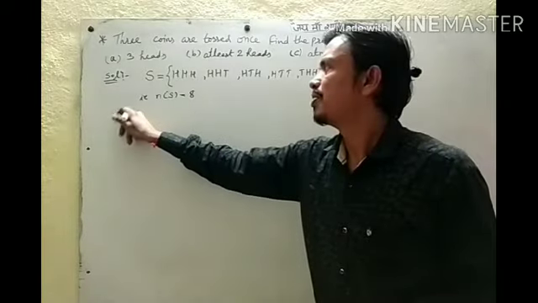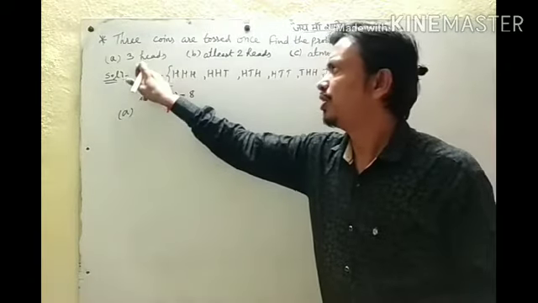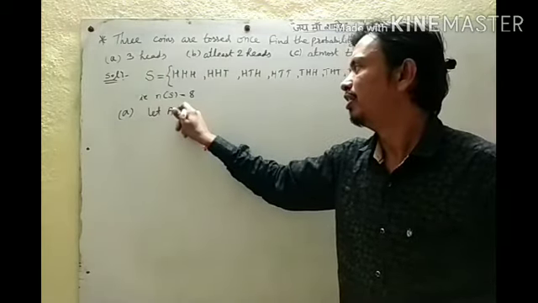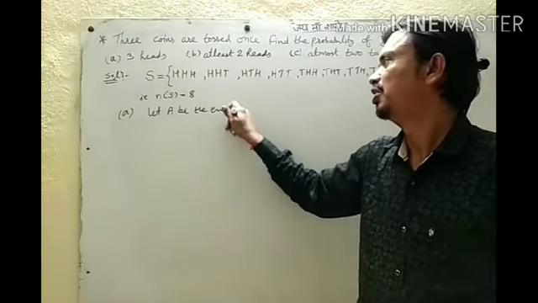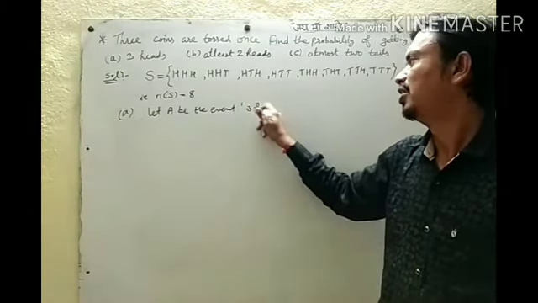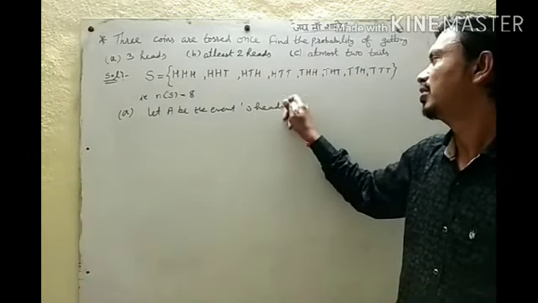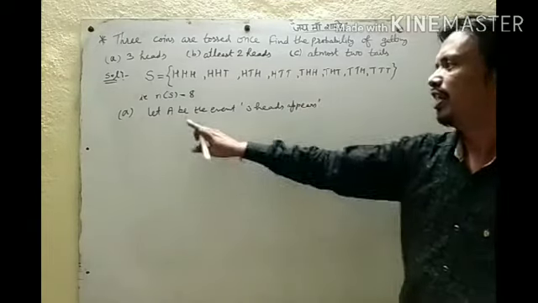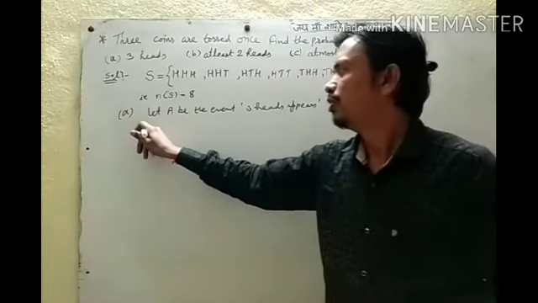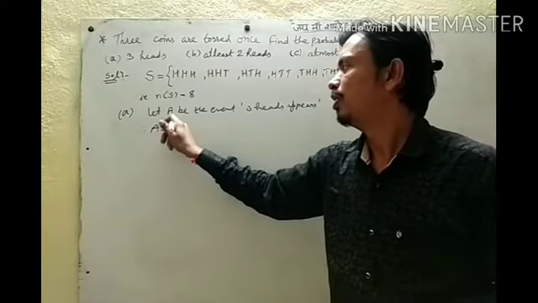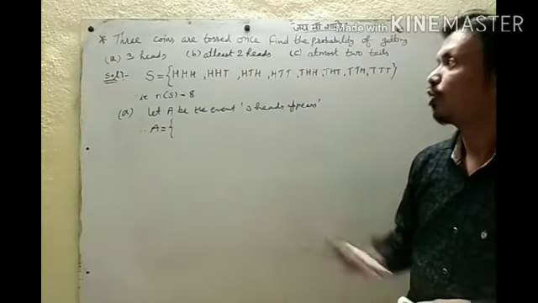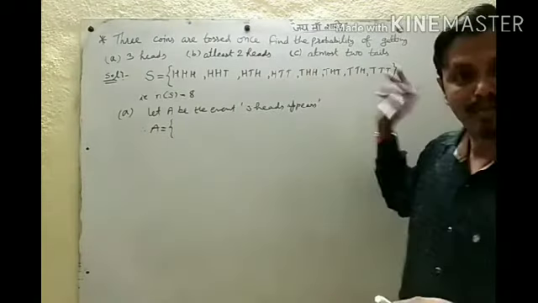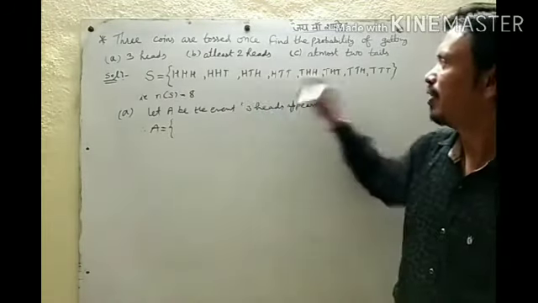Now in the first case, we need the probability of 3 heads. Suppose A is the event that 3 heads appear. This is our event A. So what are the outcomes for 3 heads? From this sample space, how many outcomes have 3 heads?